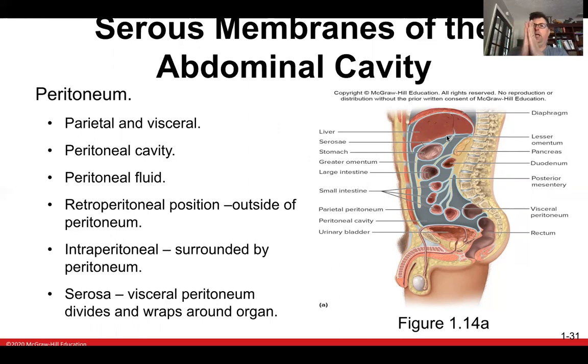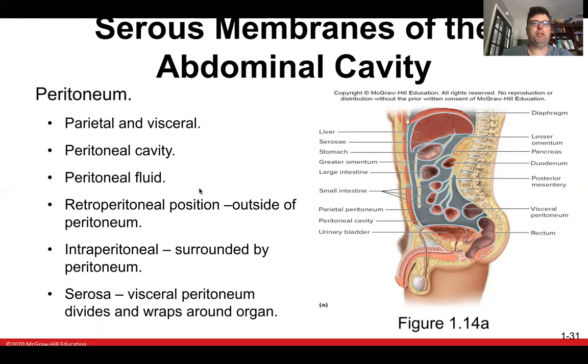And so the visceral and the parietal are right next to each other, and in between them is the peritoneal cavity. It's not a big air-filled space. It's a very narrow fluid-filled space because it's filled with peritoneal fluid. And again, this allows for the organs to move past one another without getting chafed or scraped or otherwise damaged.